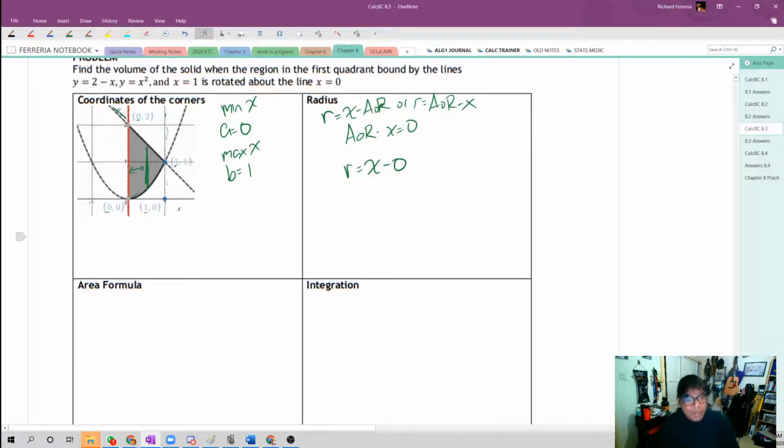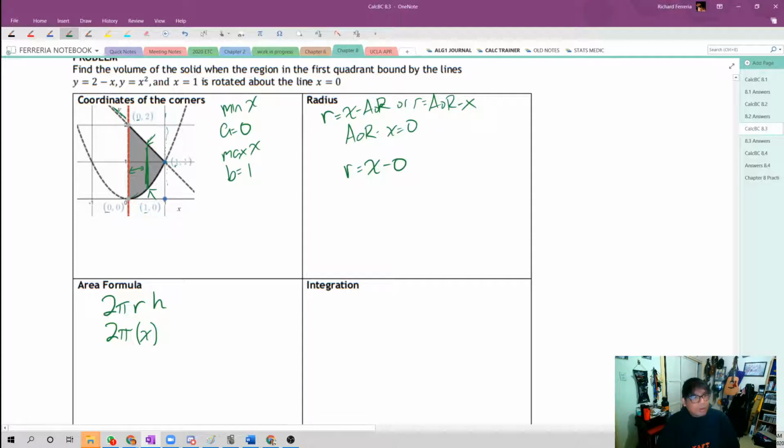Okay, so our area formula is going to be 2 pi radius times the height. So 2 pi is pretty clear. The radius is going to be x. But the height is going to be the difference between this and this right here.